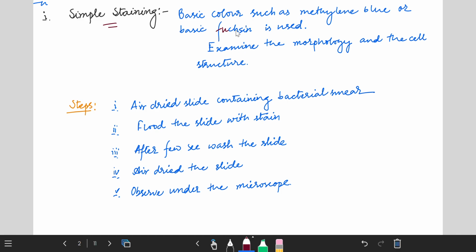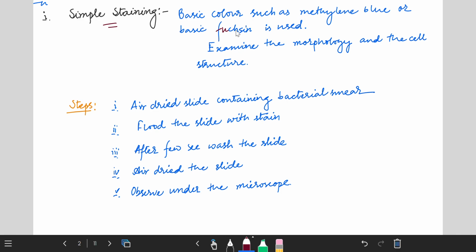Now what are the steps? So the steps are, first one is air dry the slide containing the bacterial smear. It means you need to prepare the bacterial smear by using an inoculating loop and then air dry the slide. Then in the second step, flood the slide with stain.